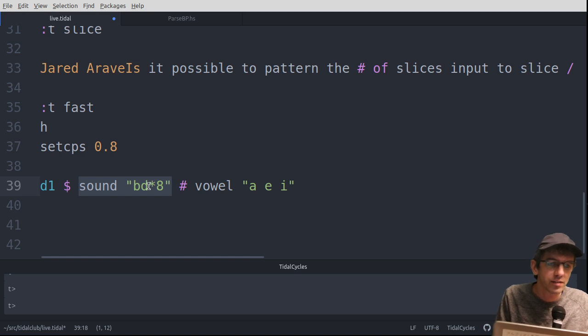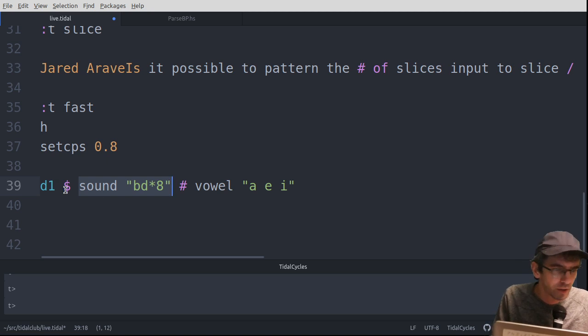So in this case, it's just taking 8 bass drum or kick drum sounds and mixing them up with these 3 vowels. And there's a video trying to explain how they match up and things. I've still got to write some reference material about this, I know, but this is what is combining two control patterns together.